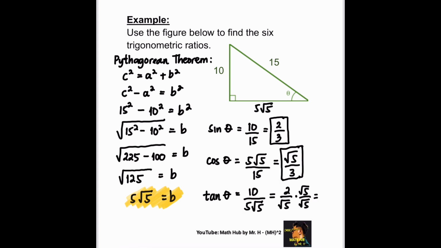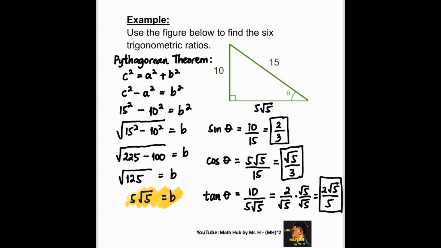So rationalizing. The numerator will be 2 times square root of 5 is 2 square root of 5 divided by square root of 5 times square root of 5 is square root of 25, which is 5. And that is the simplest form.